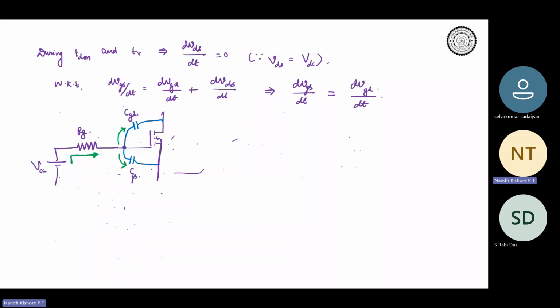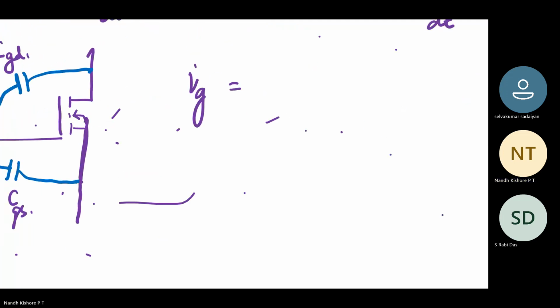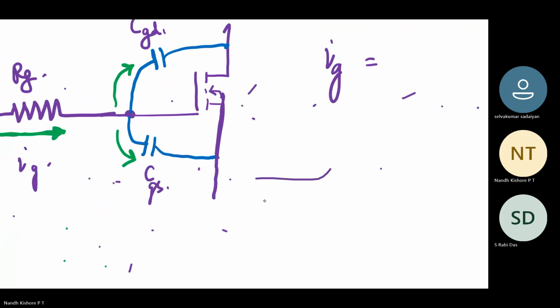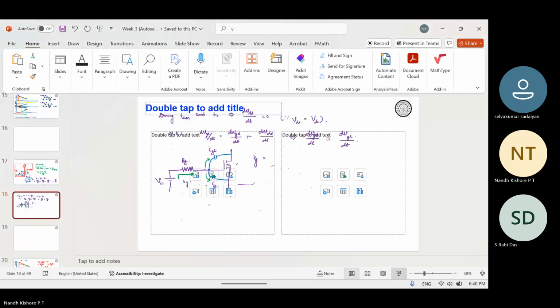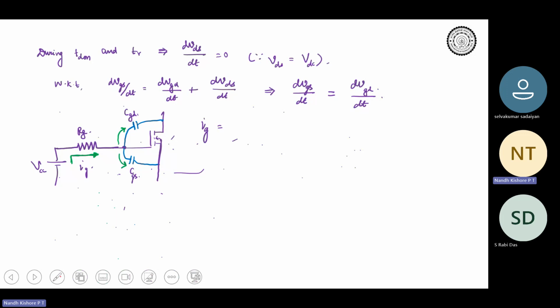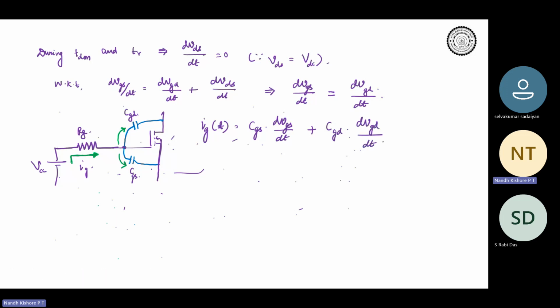So your total IG gets split into CGS dVGS by dt plus CGD dVGD over dt, right?